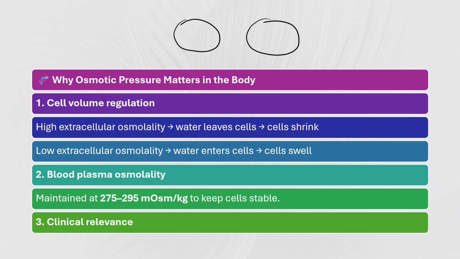So let's take the example of cell A and cell B. Inside the cell, we have intracellular fluid, and outside the cell, we have extracellular fluid. So we have some particles in the cell, and we have some particles outside the cell.